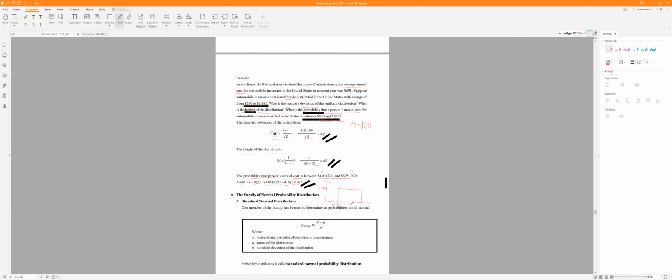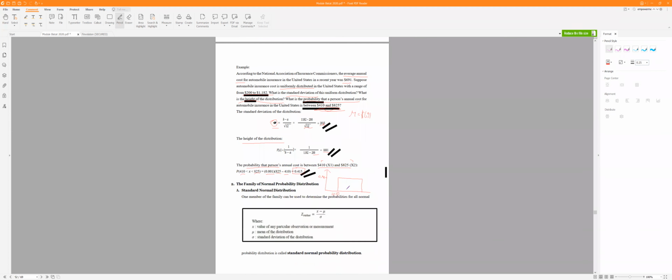Oh, no, this is not the minimum value. The minimum value is, as given in the question, $200, right? So $200, and the maximum value is $1,182. So if you want to find the probability that it falls between 410 and 825, you draw it like this.